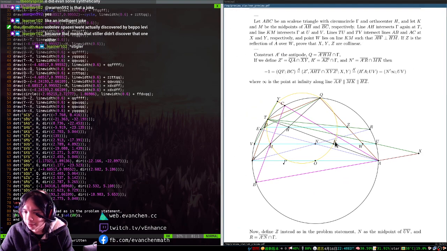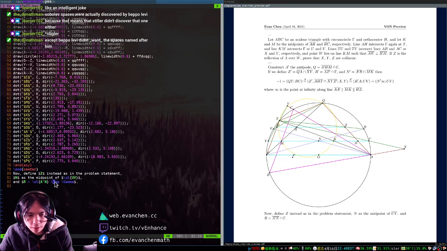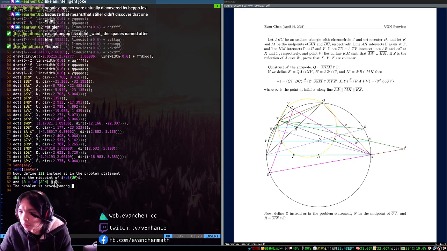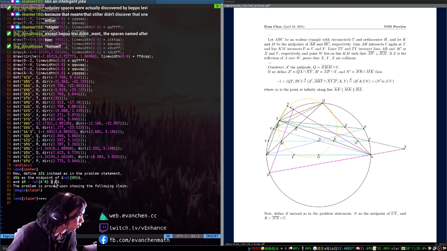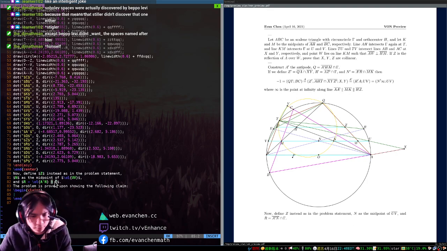This is where we're at now. It is sufficient. The problem is proved upon showing the following claim: T, R, Z collinear.